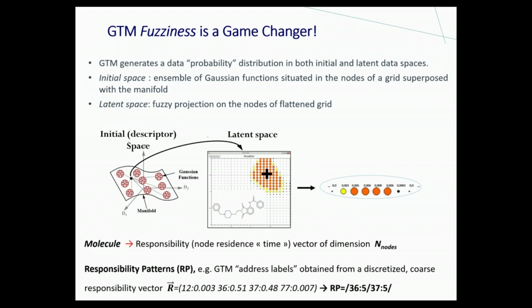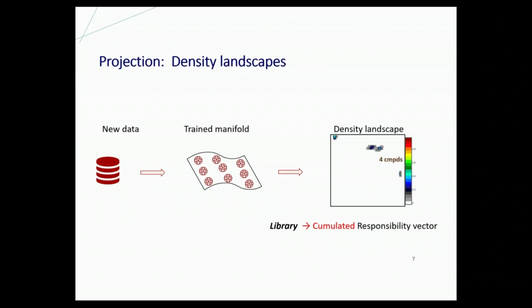Because it's like a cell-based clustering method. It's very fast. You can quickly group molecules that map together by this responsibility pattern and list them out. And of course, when you can map one compound, you can map multiple compounds.